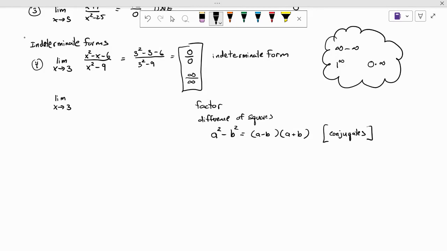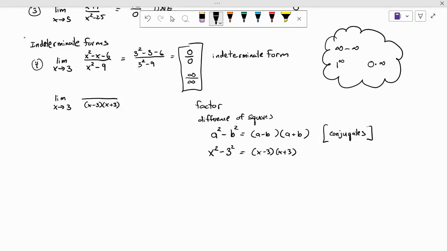So we notice that the denominator, in example 4, is x squared minus 9. But of course, we recognize 9 as 3 squared. So that is a difference of two squares. So that will factor into x minus 3 times x plus 3. So we factor the denominator. And by the way, how did we know that x minus 3 was a factor?